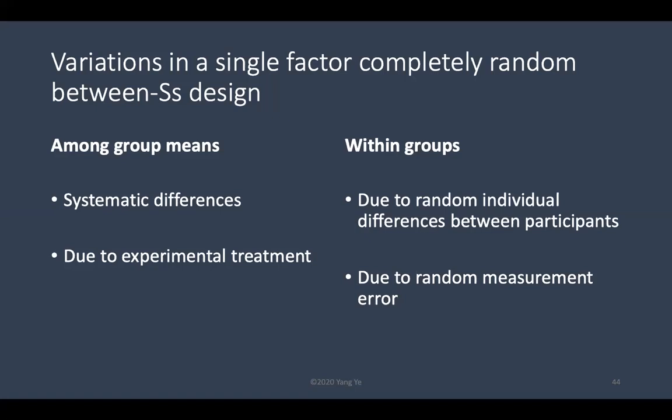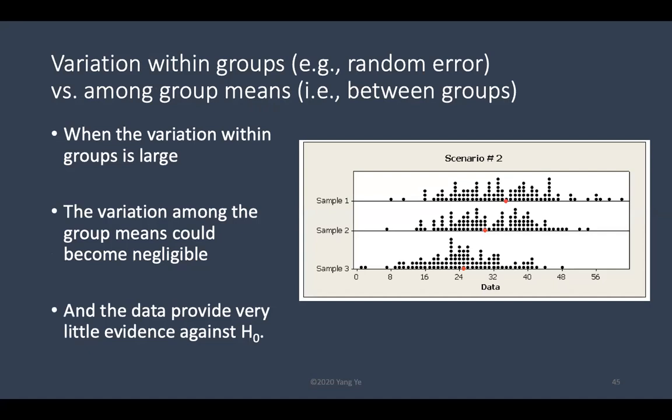Because we randomly assign participants into these groups, we can say that any individual differences are random. And if you remember, scores are always determined by different sources, so measurement error can also play a role, and we're also assuming that measurement error is somewhat random. So that's what happens within each group. So what the F test does is compare the degree of these two variances, or variations, right?